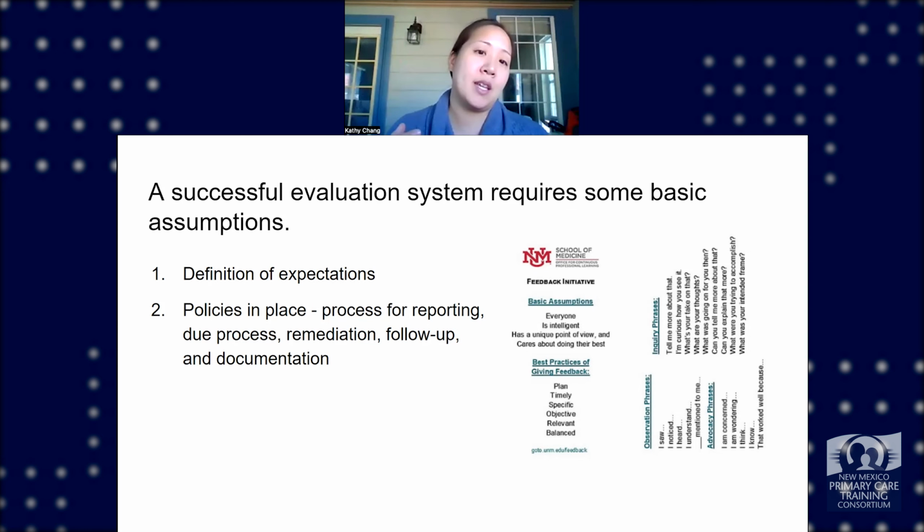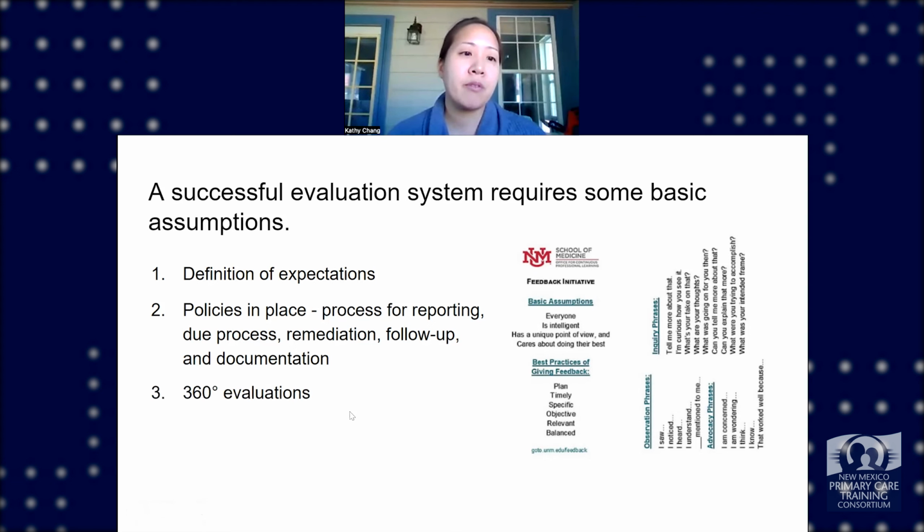What's that process? And then it's important to follow up on that, right? And then also document. So all those things need to be in place. Otherwise, it becomes punitive with no ability for the resident to learn and grow into that wonderful, full-fledged physician out there in independent practice in a fair setting.